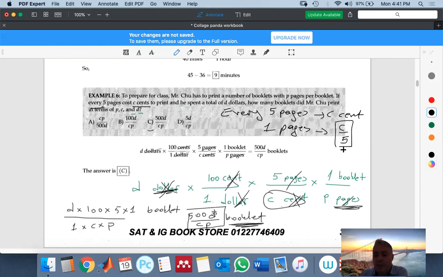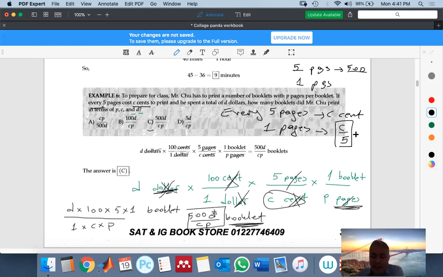Think a bit. For example, 5 pages, $500. So 1 page, how many dollars? 500 divided by 5. So same, C divided by 5.